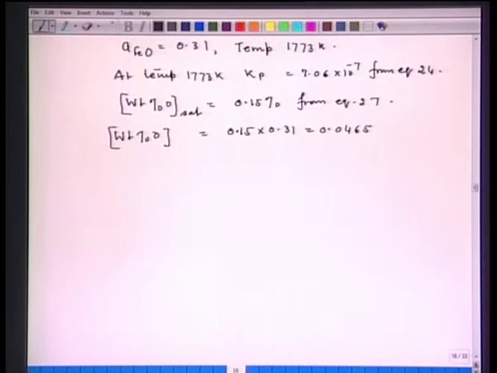You can also calculate because we did this calculation earlier. Now I substitute all these values and try to know what value of gamma P2O5 I would require to remove phosphorus from metal to slag, or other way around to increase the ratio of Np2O5 upon wt percent P square. That is what I am trying to calculate.